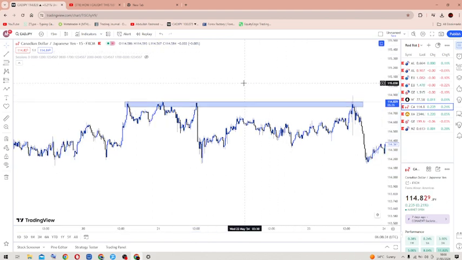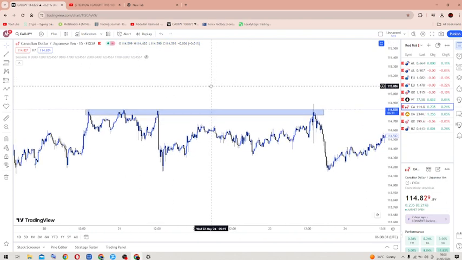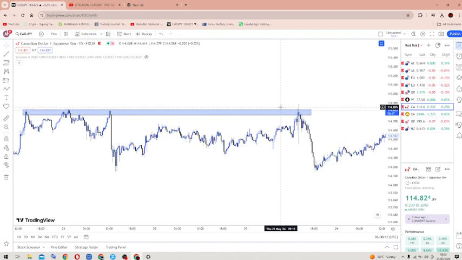So I saw this, and you already know I drew another supply in the zone. So this is where I'm anticipating, where I'm putting my limit orders, or my sell limits.